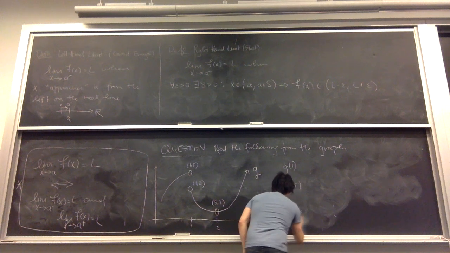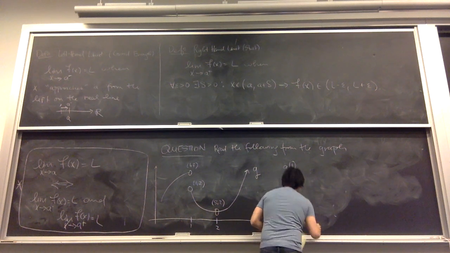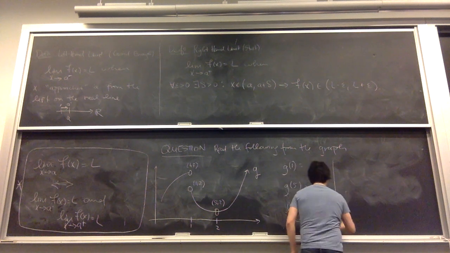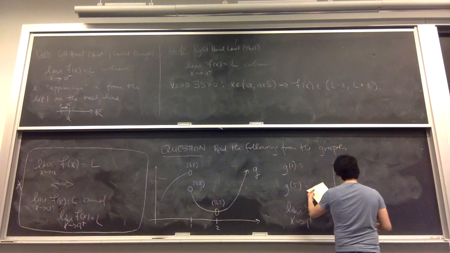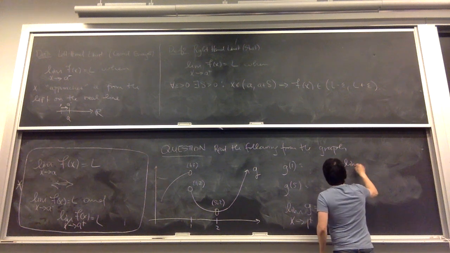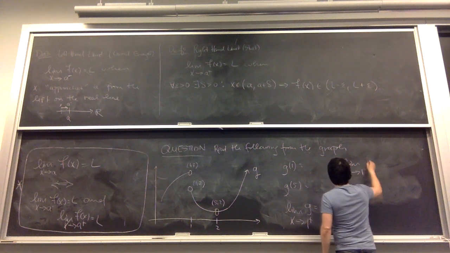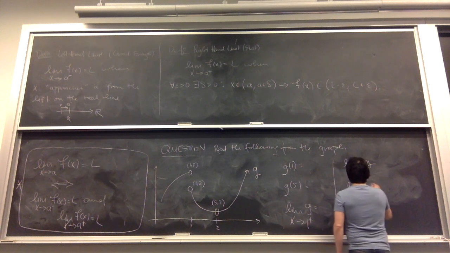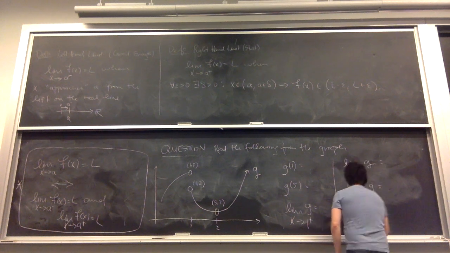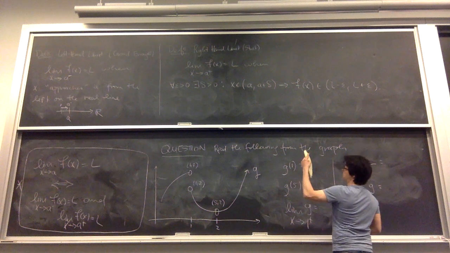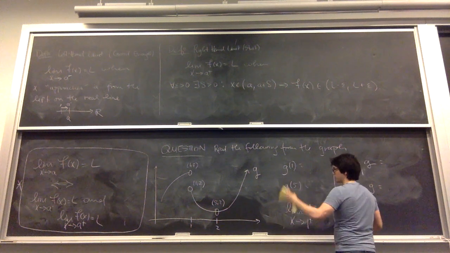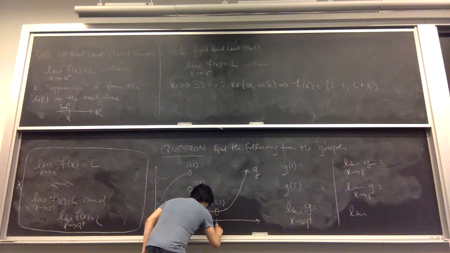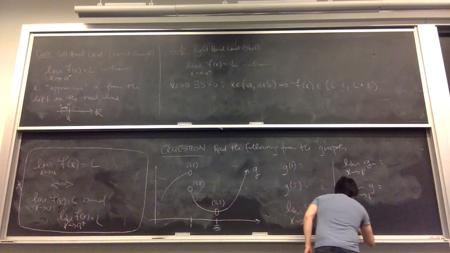Limit as x goes to 1 from the right of g. Limit as x goes to 1 from the left of g. Limit as x goes to 1 of g. And limit as x goes to 5. Whoops, that should be 5. Limit as x goes to 5.